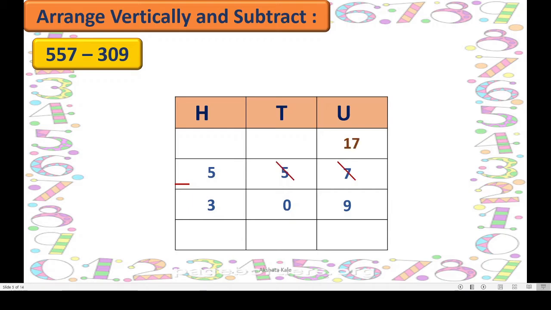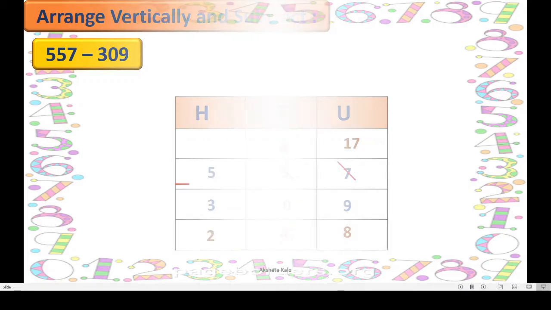And 5 becomes 4 tens. Am I right? Now 17 minus 9 is equal to 8. And 4 minus 0 is equal to 4. And in the hundreds place, 5 minus 3 is equal to 2. So our answer is 248. Right? Nice.